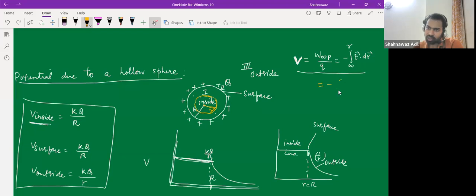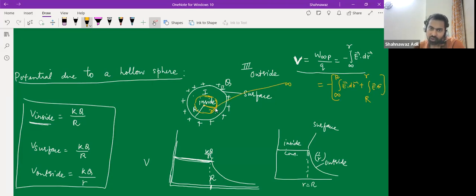One would be infinity to R, E dot dr, and then from R to this small r, E dot dr. Is this clear? Because we are calculating from infinity to this point.